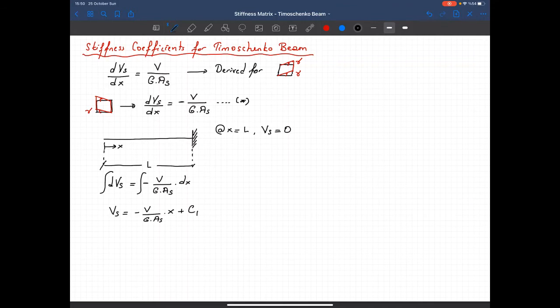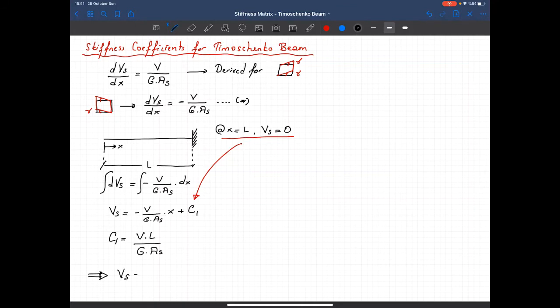Okay? Now, if I put these boundary conditions into that equation, I obtain C1 as equal to V times L divided by G times AS. So, my final equation, the governing equation for this given member, is as follows.